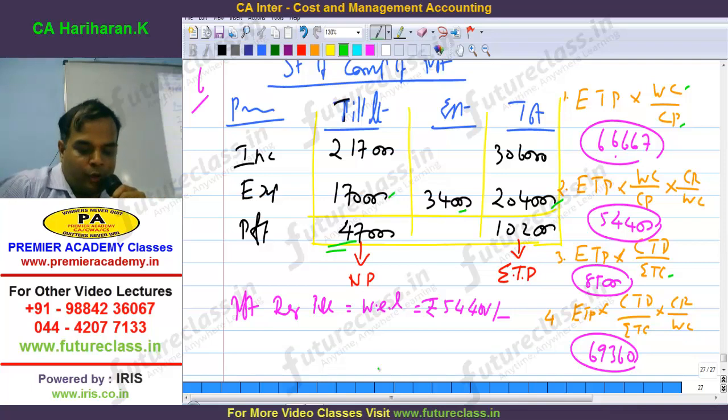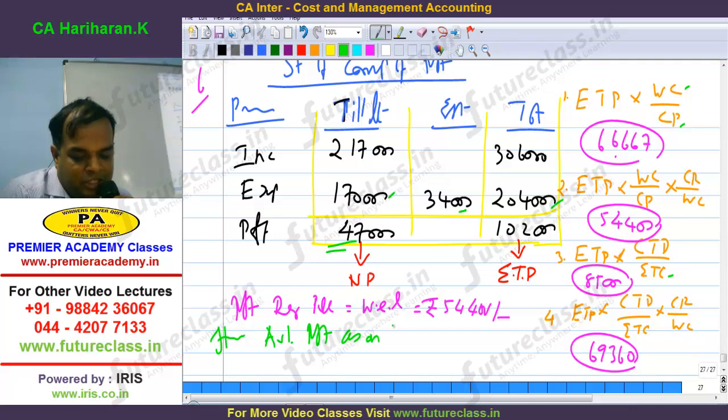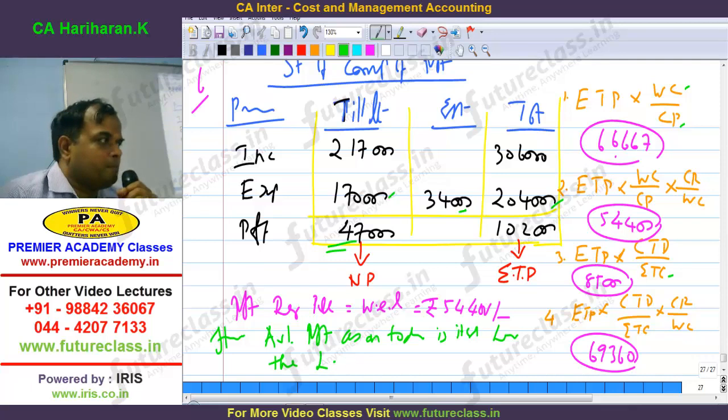So what to do, note it down. However, available profit as on today is itself less than the least of the above 4 profit.